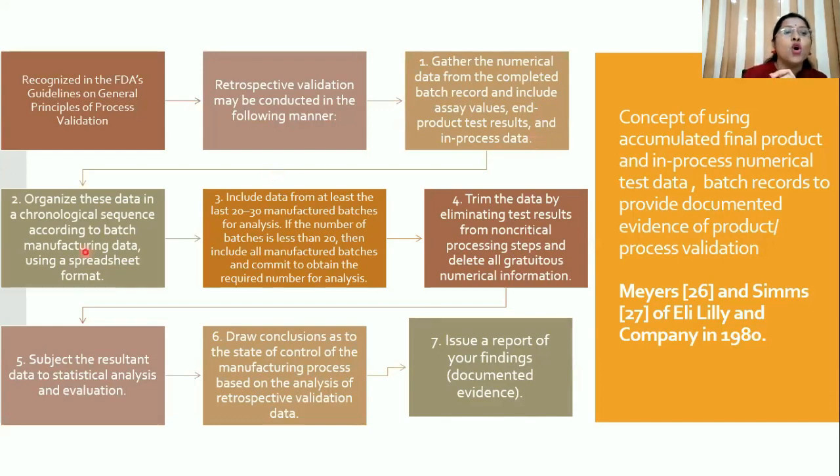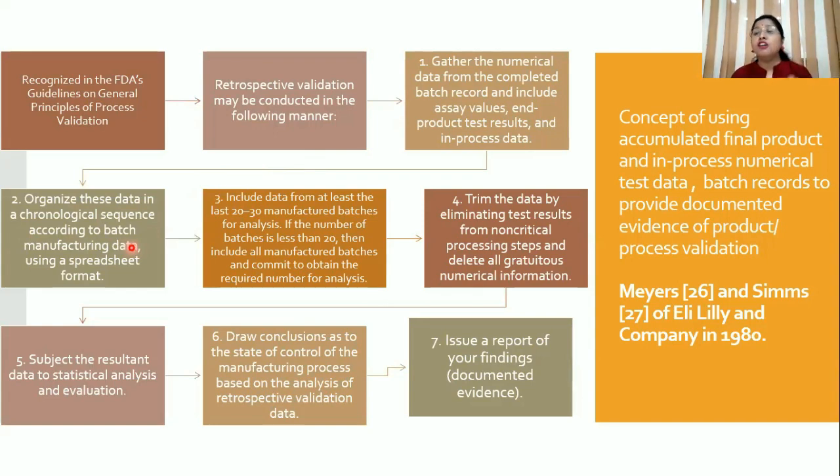Then the second step is to organize this data in a chronological sequence. What do you mean by chronological sequence? Date-wise or time-wise, right? It's not that we select any random batches.